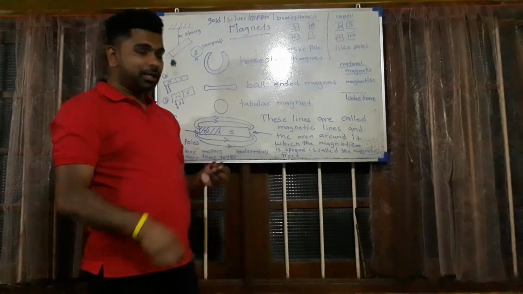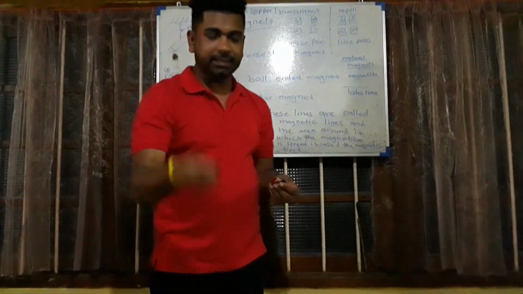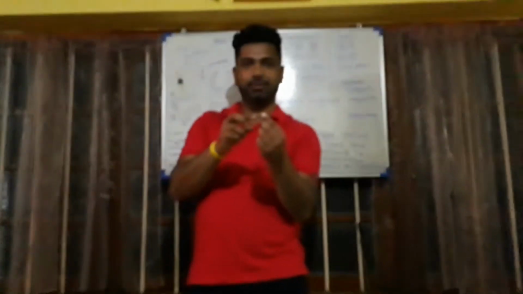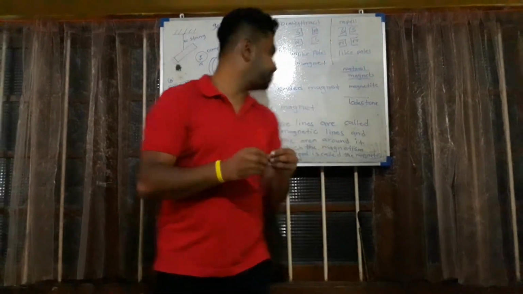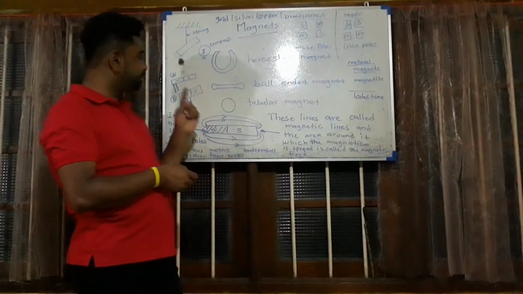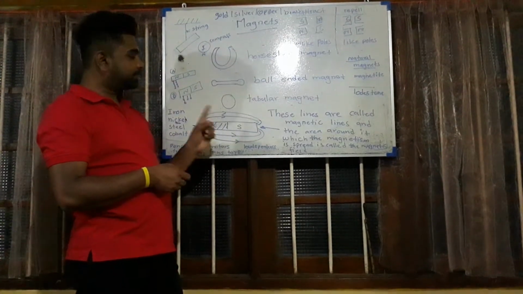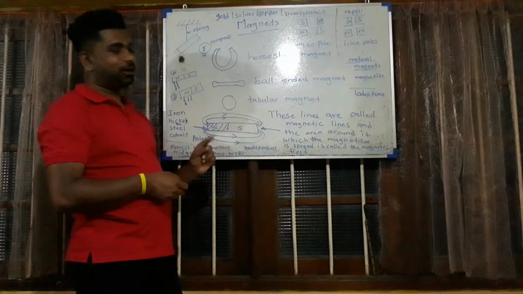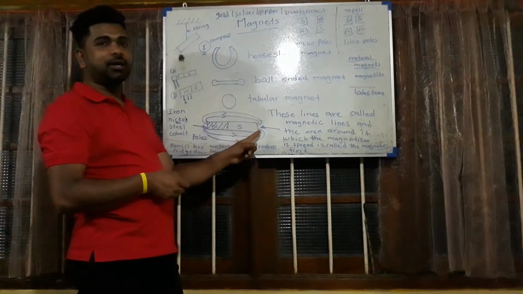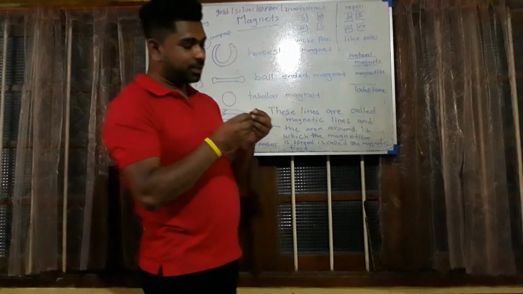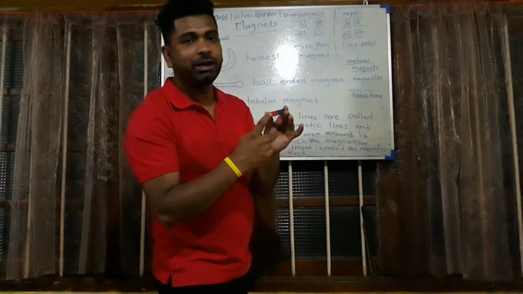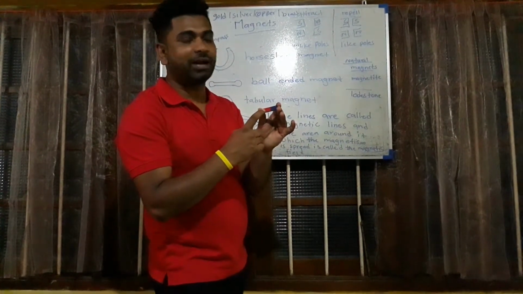Okay, children. So if we consider a magnet, it has two poles. Here, if we consider the bar magnet, north pole, south pole. So here you can see N, red color, N, red color.